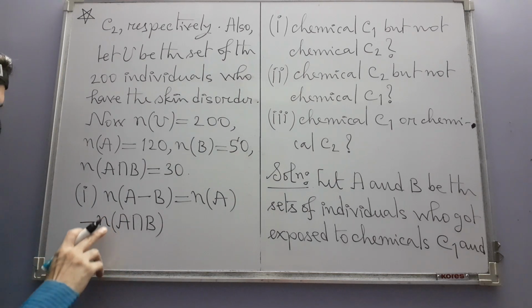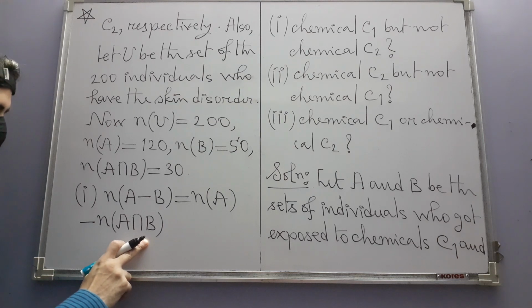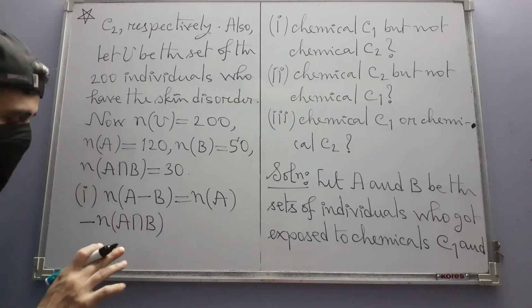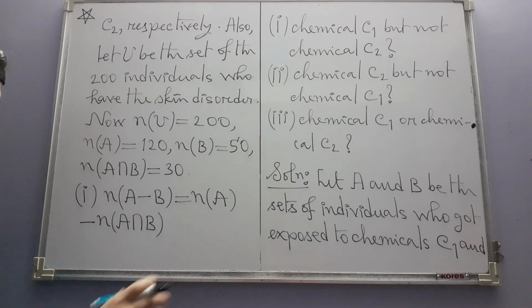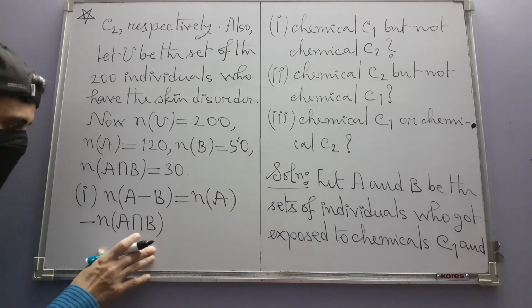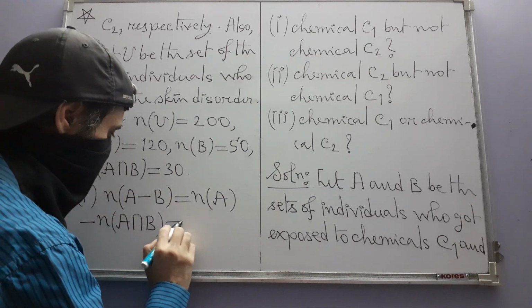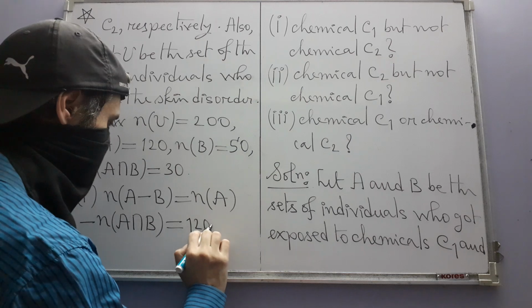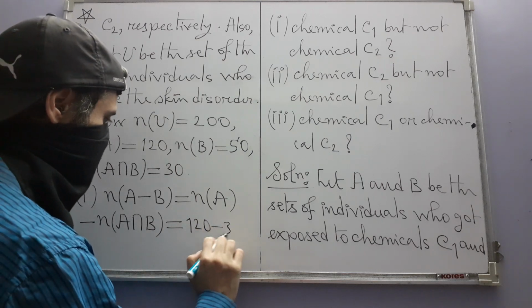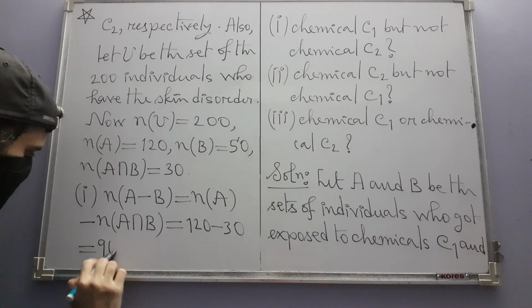If you casually simply write NA minus NB, that will be false. That may be true only when B is a subset of A. But to be absolutely sure that what you are writing is correct, you write this itself. So what is NA? 120. And what is the intersection? This is 30. That means 90.